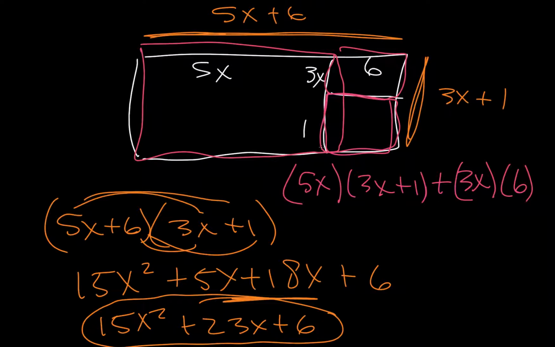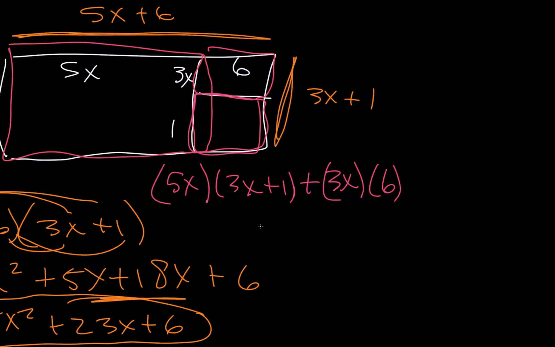Then we're going to add that to a 1 times 6 rectangle. Once again, the length is 5x, height is 3x plus 1. Length is 6, height is 3x. Length is 6, height is 1. So we took each rectangle, found the area, and then added it together.